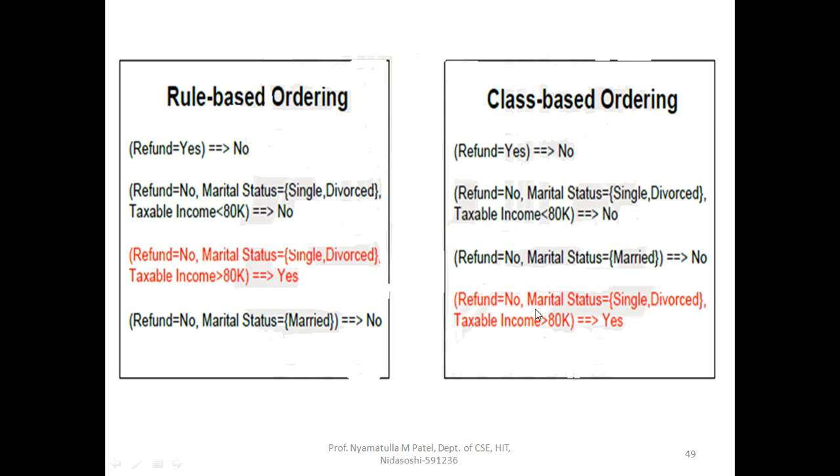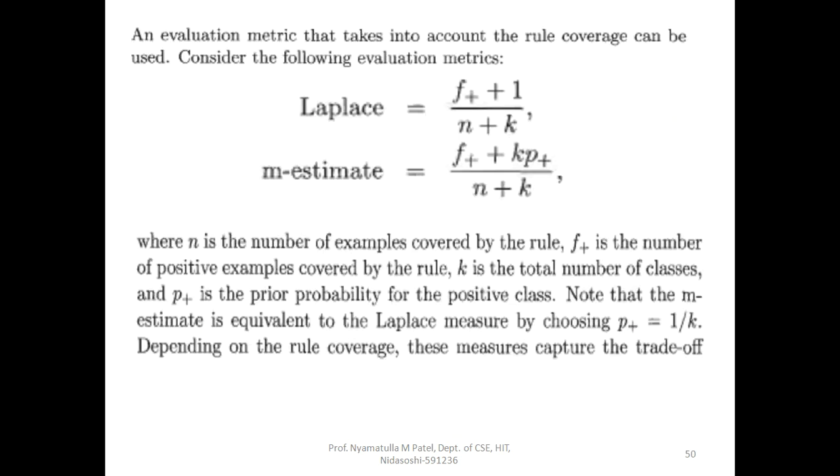Now in class based reordering, we have reordered: rule number 4 in rule based ordering becomes rule number 3 in class based ordering, and rule number 3 becomes rule number 4. This is how we can reorder the rules, either based on the rules or based on the class.